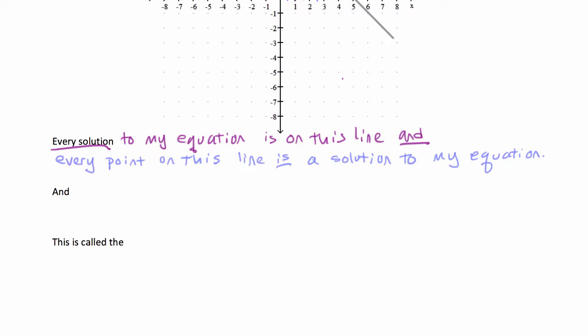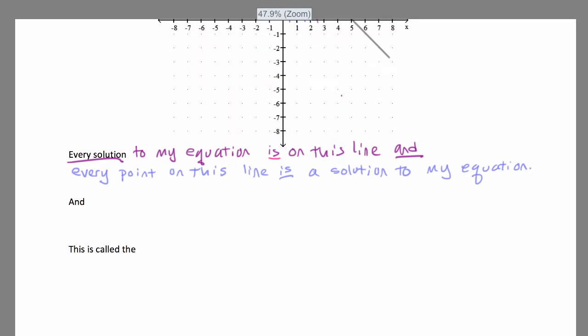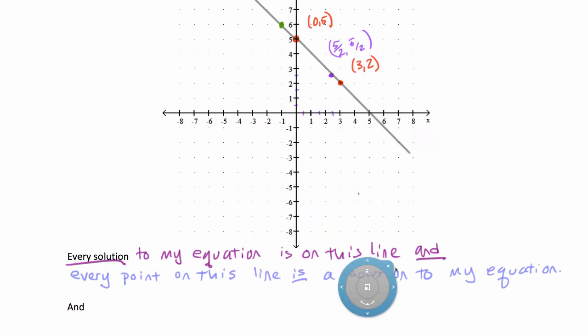So I have these two things that are true. Every solution to my equation is on this line, so that means every single solution will lie on that line. I'm not going to have some point down here that makes my equation true. And every single point on that line is a solution. And that's not all.